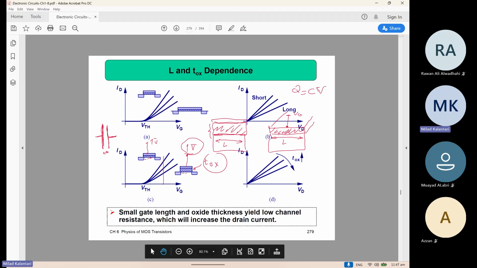I just assume the length is fixed so far. You are just changing this gap of the capacitor, basically, right?